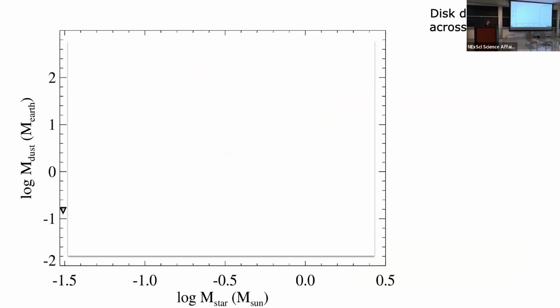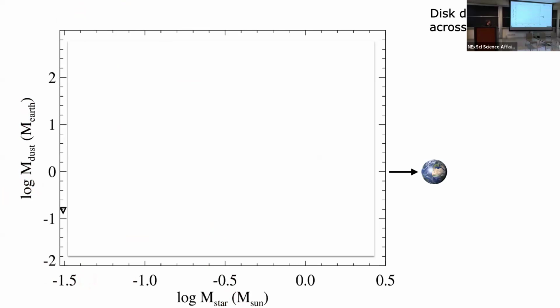You have the mass in solids, and here you have the mass of the central star. And what I'm going to show you next are data points from the Atacama Large Millimeter Array covering this large range in stellar mass and showing what is the amount of solids in young disks within which planets are going to form. So this is a log-log plot.